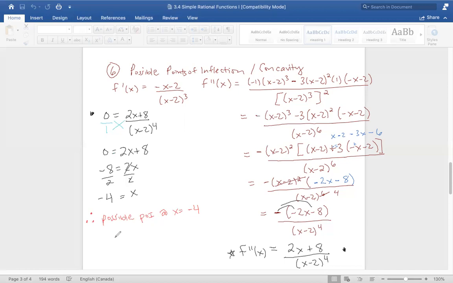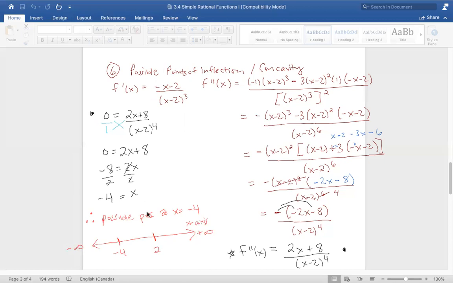So let's do the number line here. I'm not going to have room for the chart, but I can do the number line. So again, this is my x-axis. This is positive infinity. This is negative infinity. I put a value on x of negative 4. My x-axis still has my vertical asymptote at 2, so I still need to add that in.